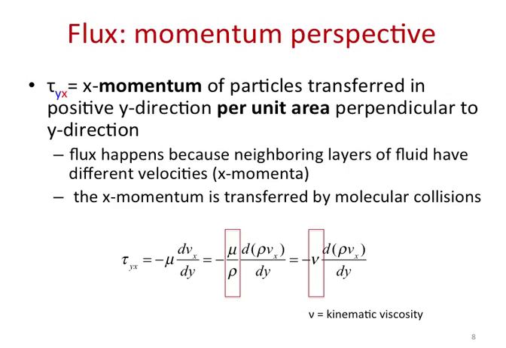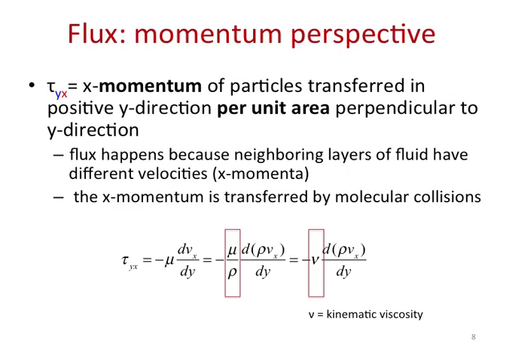Now, if I'm looking at the momentum perspective, the same tau yx is x momentum of particles transferred in the positive y direction. Again, per unit area, orthogonal to that y direction. Okay. So momentum is transferring in y direction, force is felt in x direction. And this flux happens because I actually have a gradient in momentum.